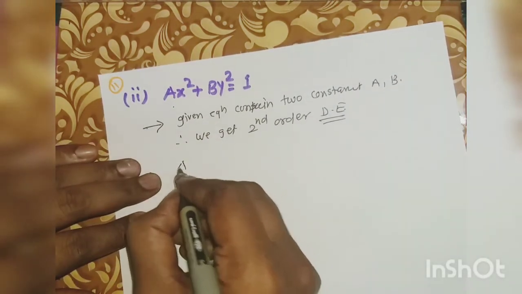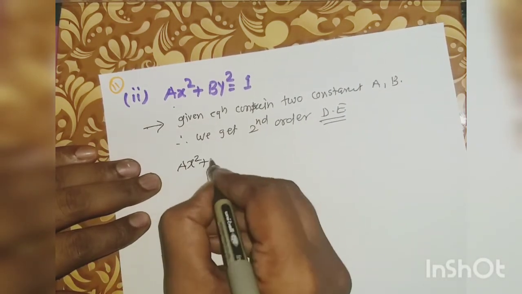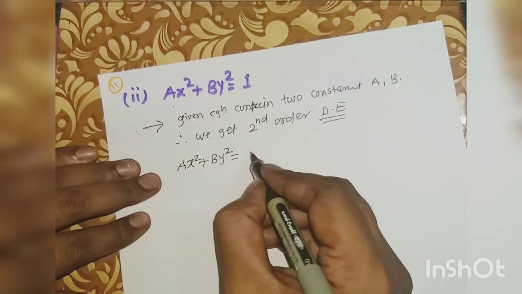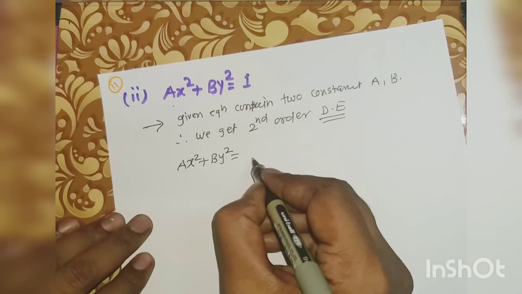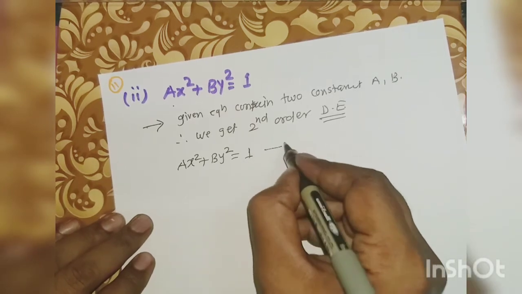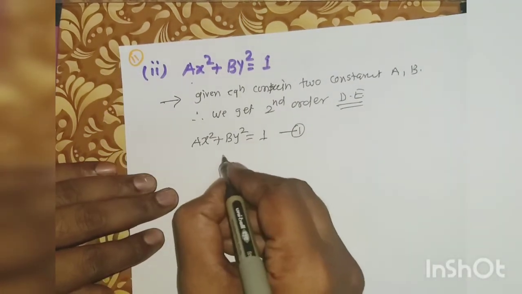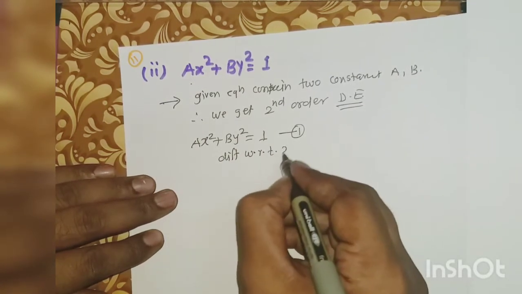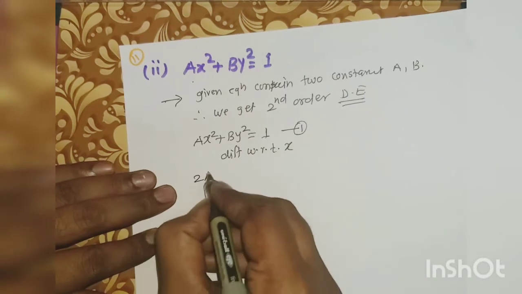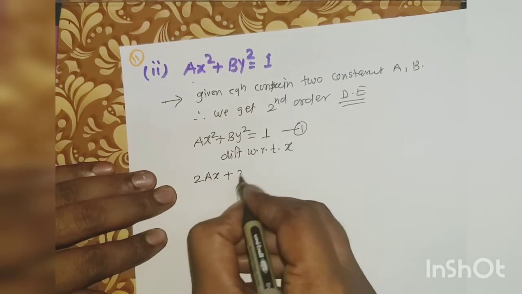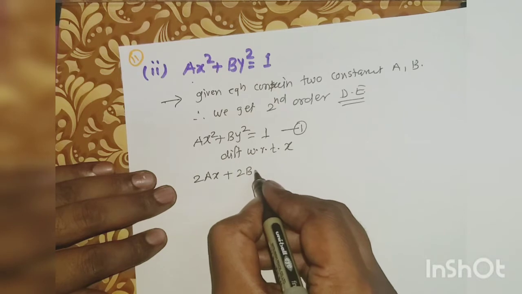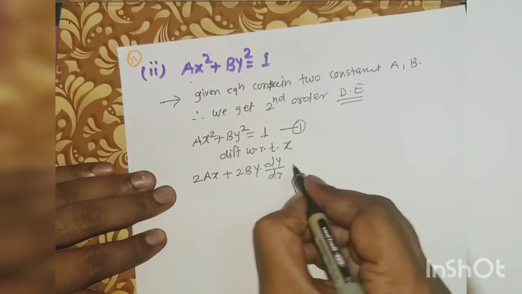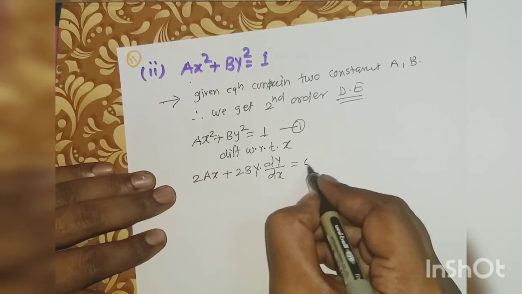First write the given equation, ax square plus by square is equal to 1. That is equation 1. Now differentiate with respect to x: 2ax plus 2by into dy by dx is equal to derivative of 1, which is 0.